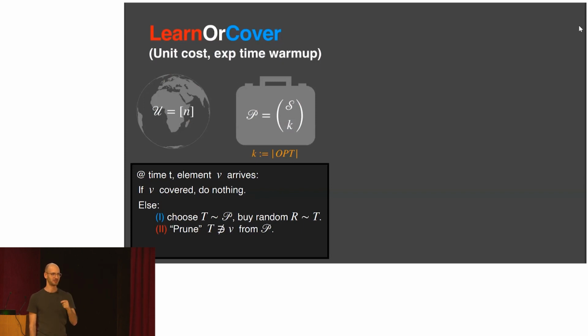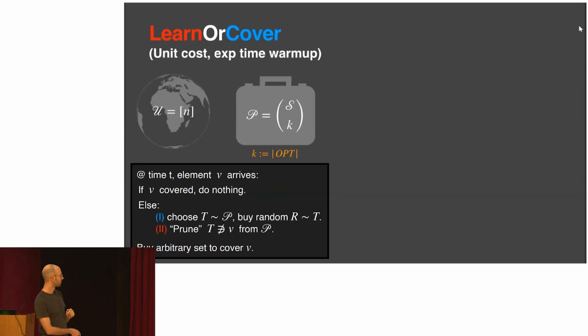Yeah. Why is v in R? It's not. Great. So what we'll do is buy another set to cover v. Great point. Oh, I'm sorry, I should have changed this. I had this issue in the last talk.